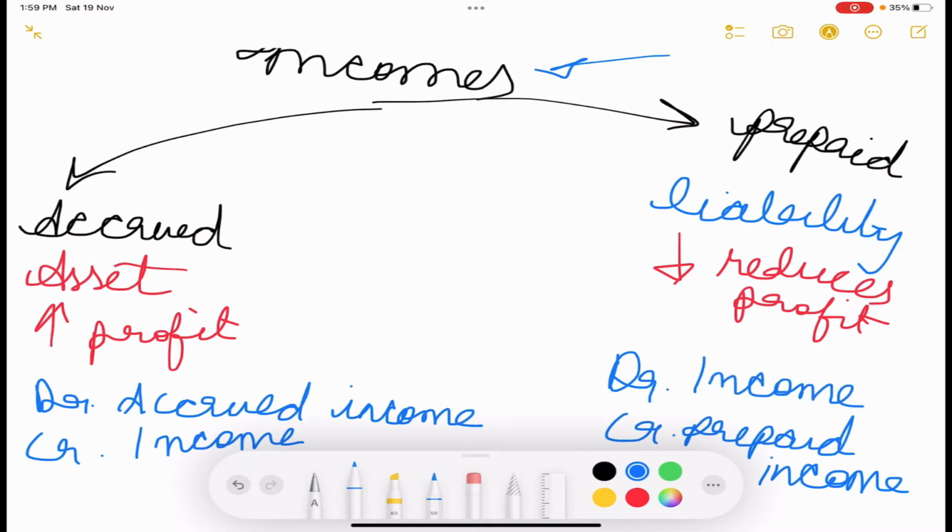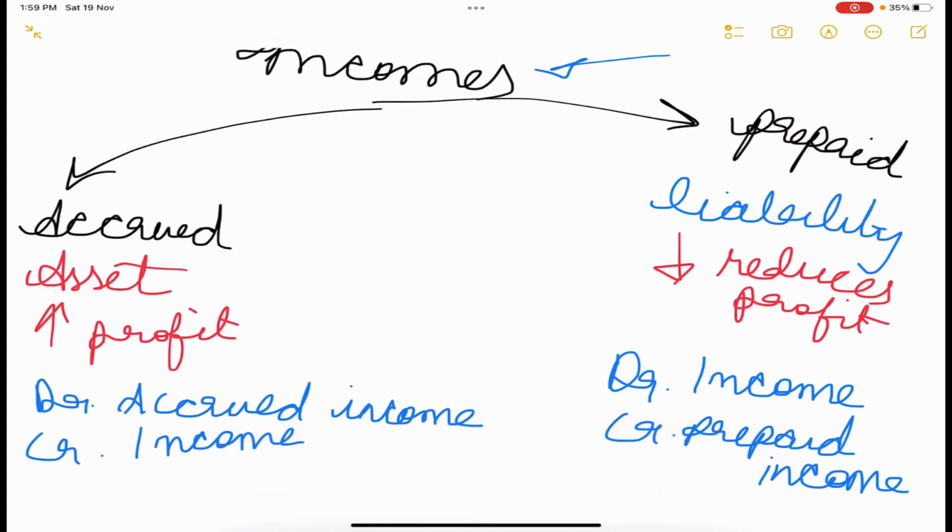I hope you understood. Now just try to relate it with the journal entries of expense. What was the journal entry of accrued expense? Debit expenses, credit accrued expenditure. Right, because accrued expenditure is my liability. Now what about accrued income? Is that my liability?